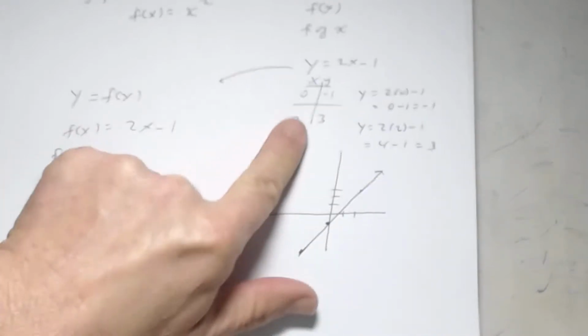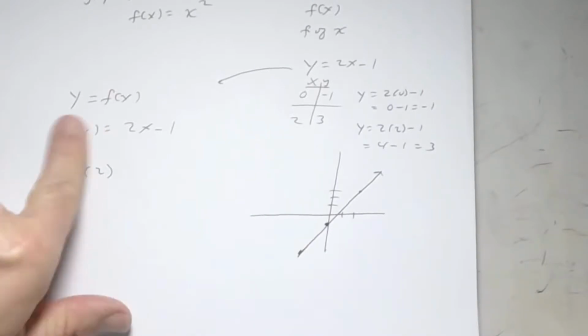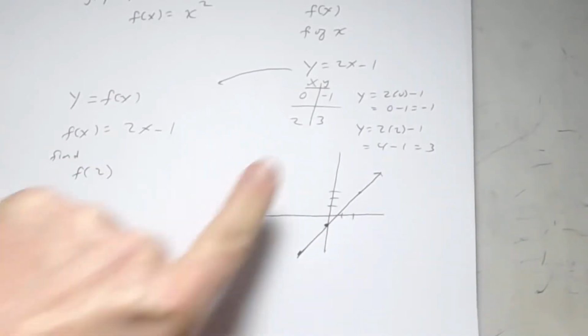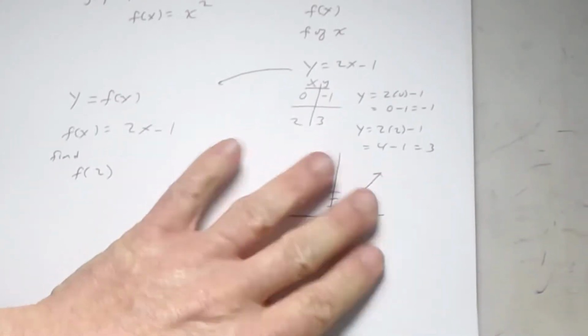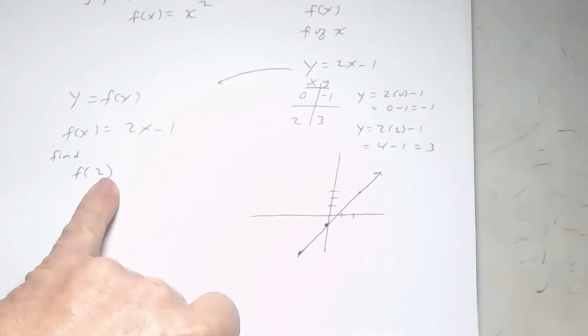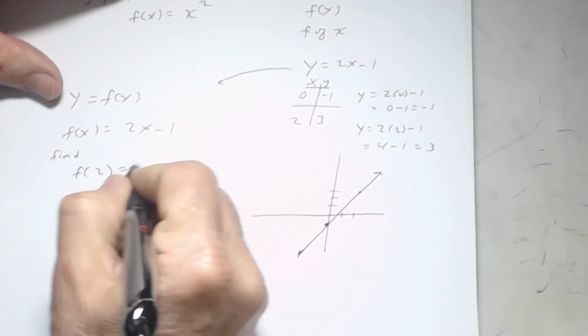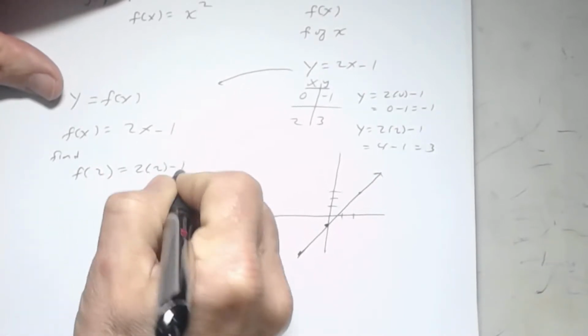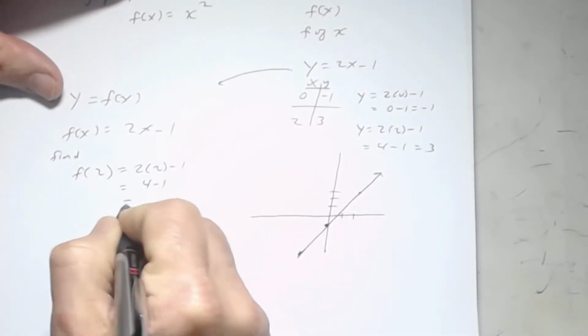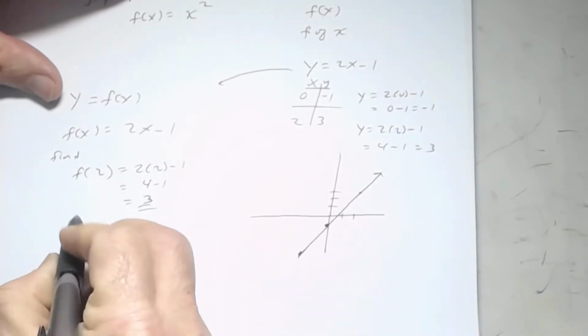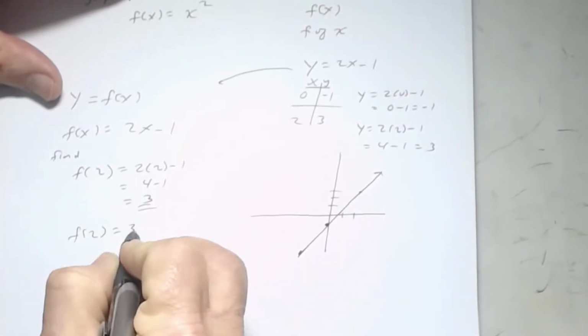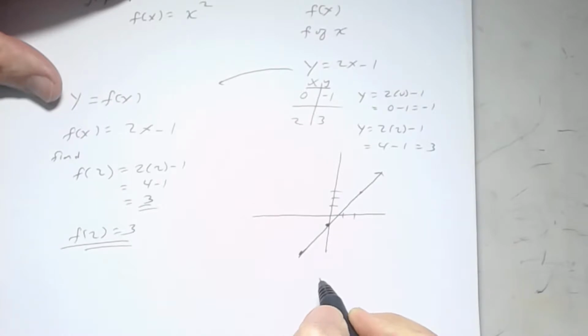X. So what I'm asking is, when x is 2, what's that y value? So just like this, where we saw the variable x, what did we plug in? We plugged in 2. So f of 2 will equal 2 times 2 minus 1, which is 4 minus 1, which is what? 3. So you would say f of 2 equals 3.